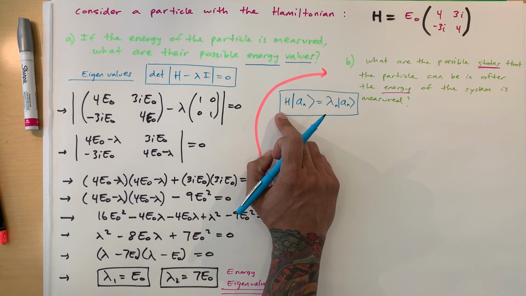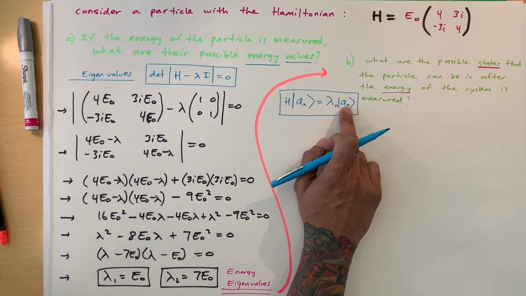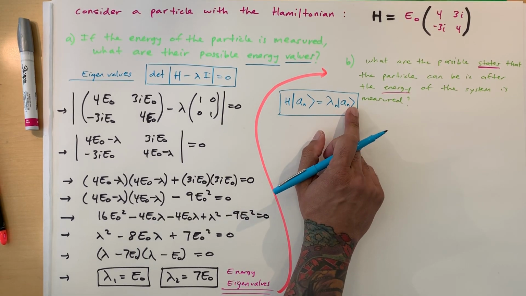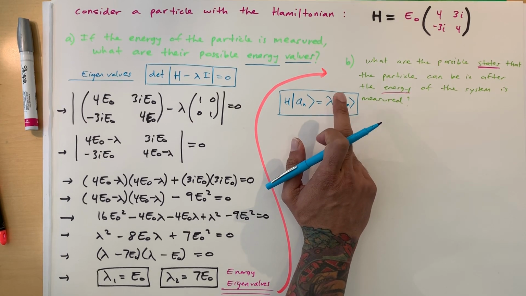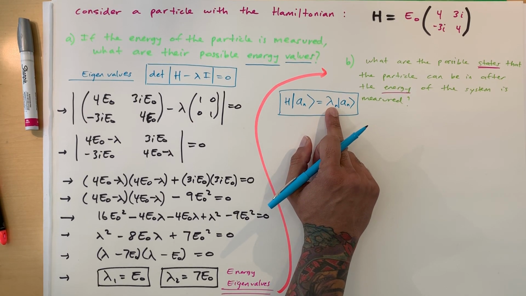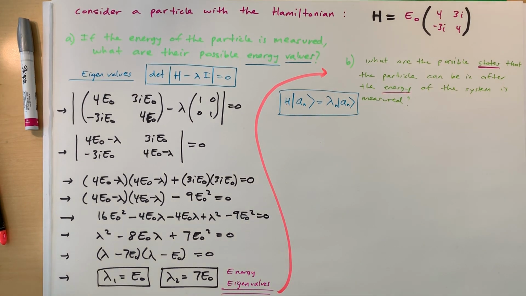Okay, we have the Hamiltonian, and then we have these two state vectors that are the same, and our lambda. This is also subscript n, all of these. Okay, so now let's get to work.